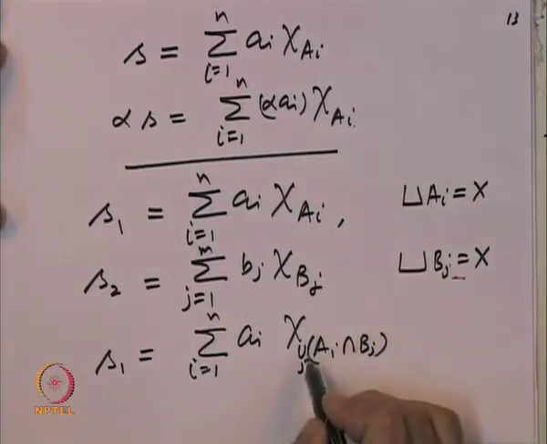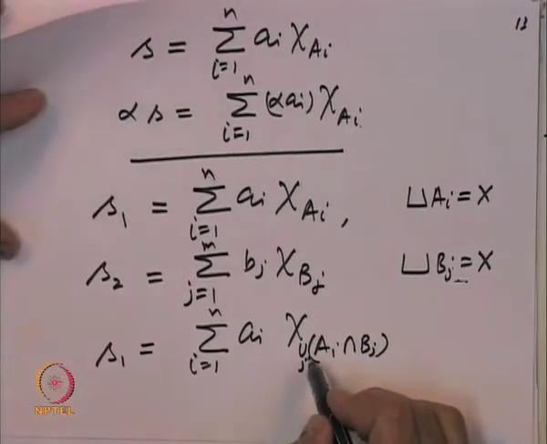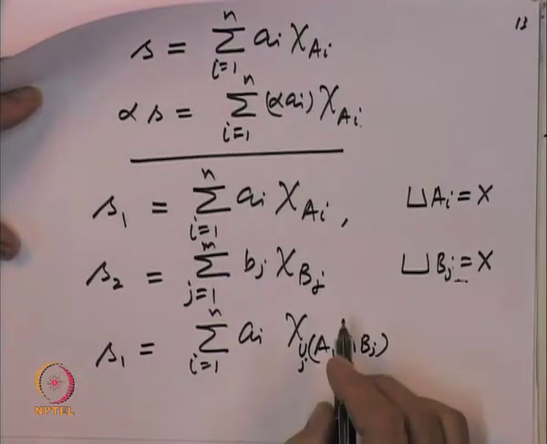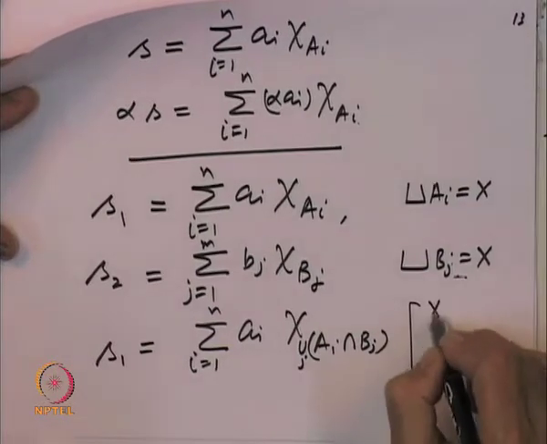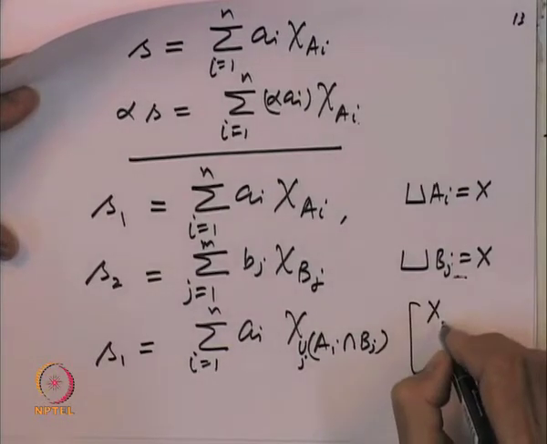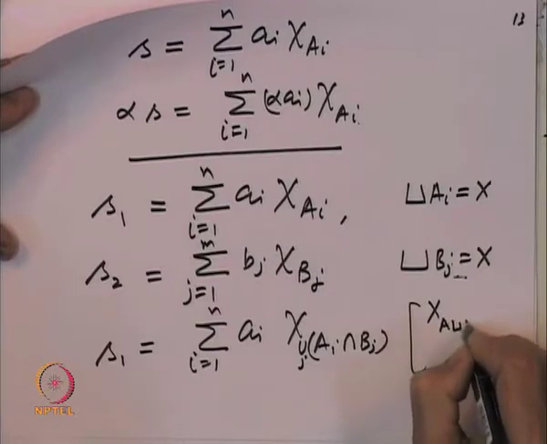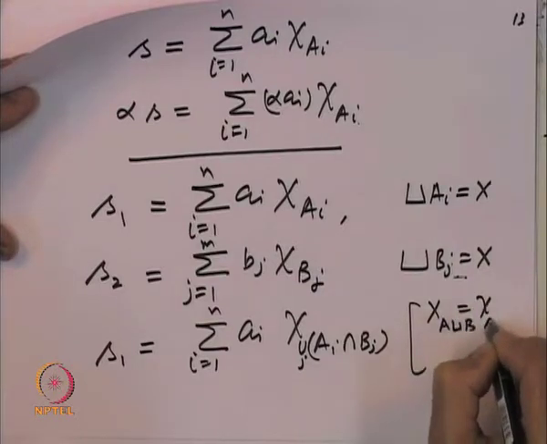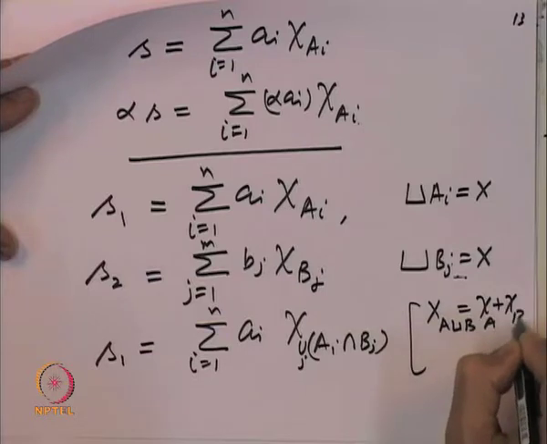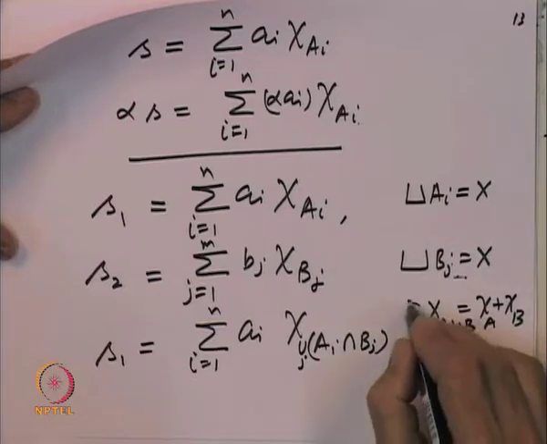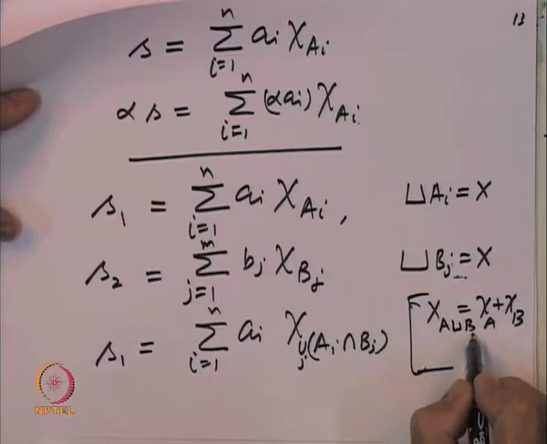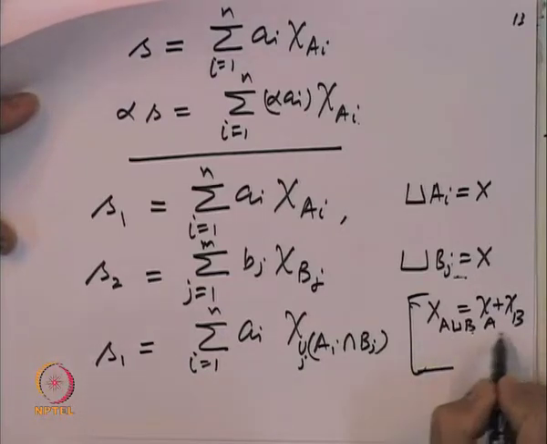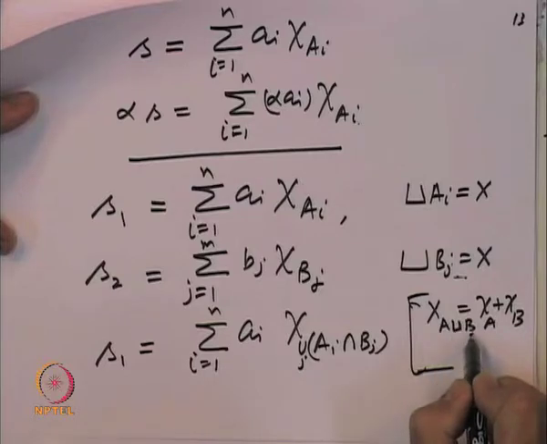And now, here is a simple observation about the indicator function of disjoint sets. If you have two sets A and B and they are disjoint, then chi of A union B is equal to chi of A plus chi of B. We will leave it for you to verify that the indicator function of the union of two sets is equal to the sum of the indicator functions whenever the sets are disjoint.